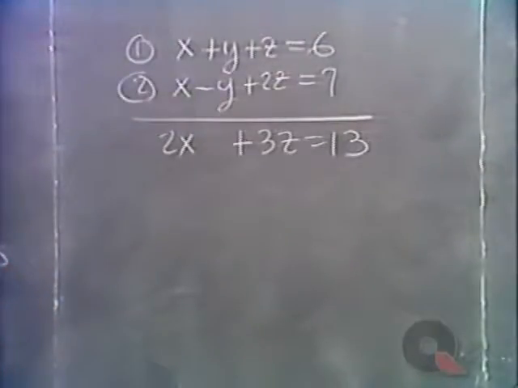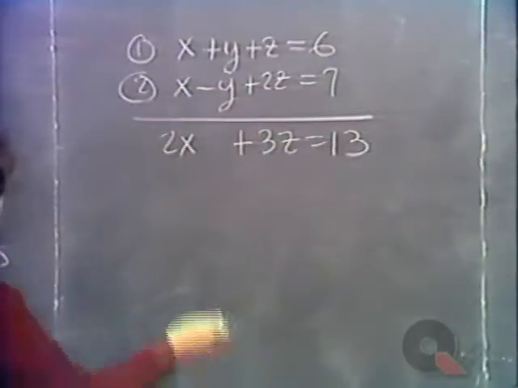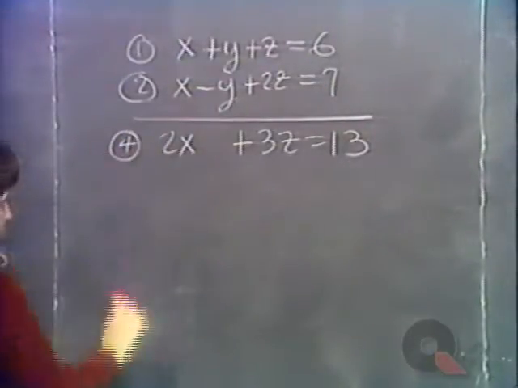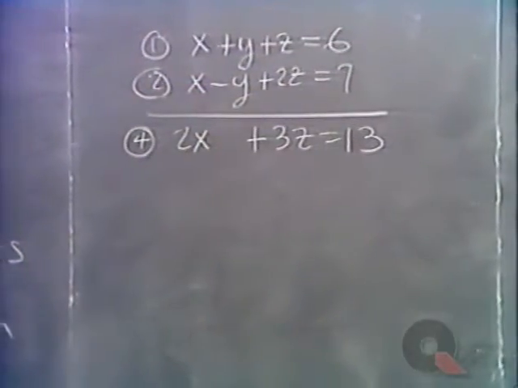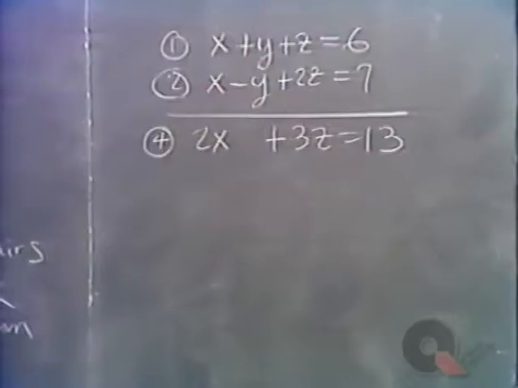Here we have an equation just involving 2 variables. We can, if we want, call this equation number 4 for future reference. Okay, so we took one of these 3 pairs, equations 1 and 2 here.